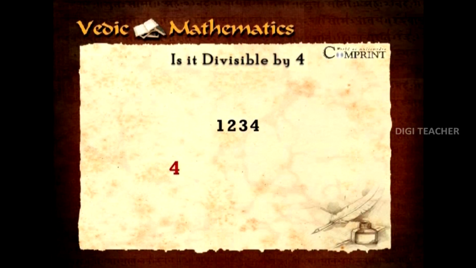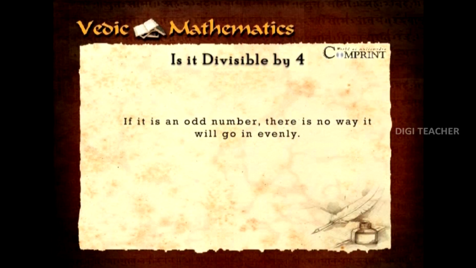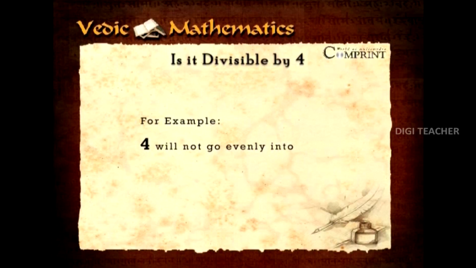For 4 to divide into any number, we have to make sure that the last number is even. If it is an odd number, there is no way it will go in evenly. So, for example, 4 will not go evenly into 1233 or 1235.